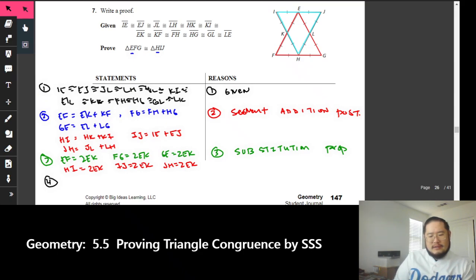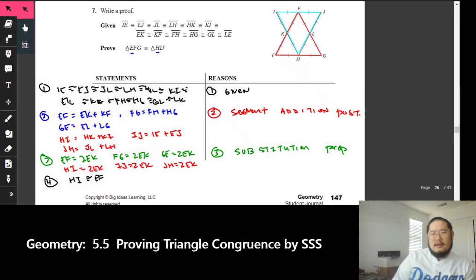We got ourselves the transitive property. So what I can go ahead and say right here, for example, is that HI is congruent to EF. If I look at HI and EF, I could say A equals B, B equals C, so A equals C, and make that connection of EF is congruent to HI.